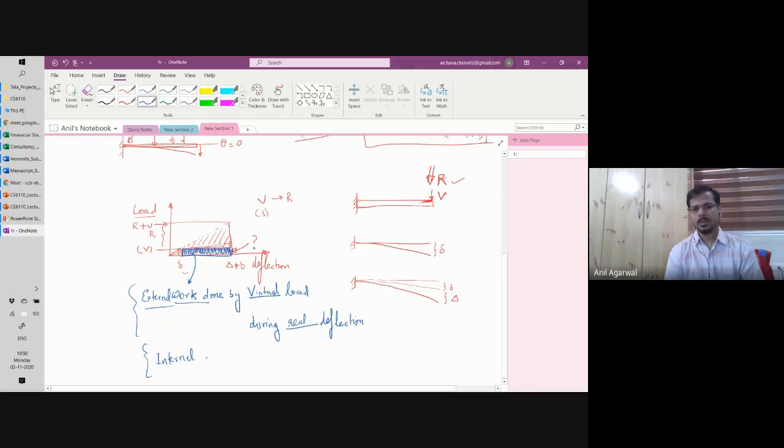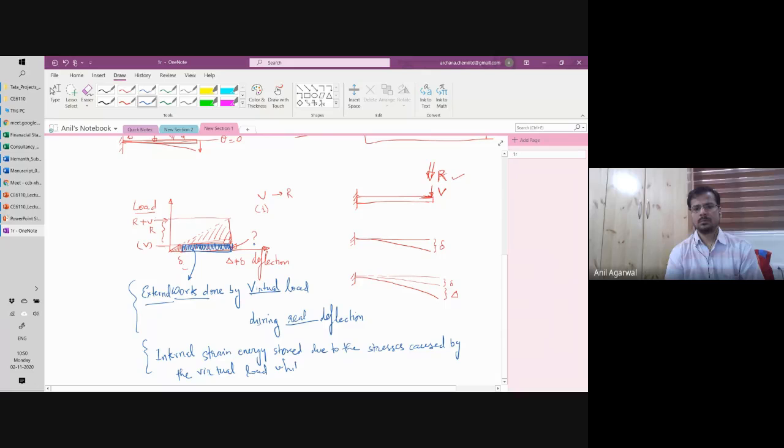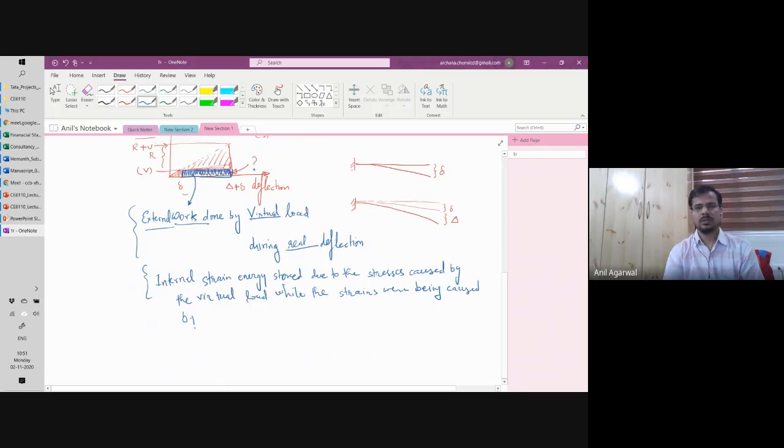Strain energy is, of course, internal strain energy, again stored by or stored due to the stresses caused by the virtual load while the strains were being caused, or strains were imparted, or whatever you want to call it, by the real loads.